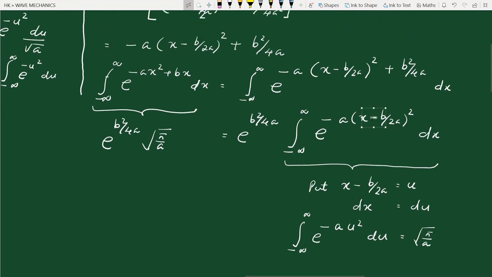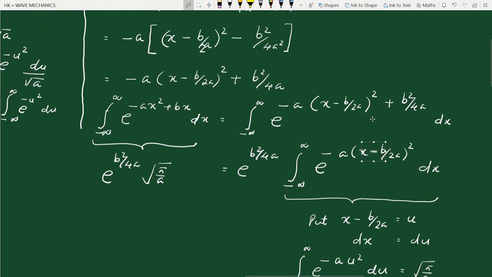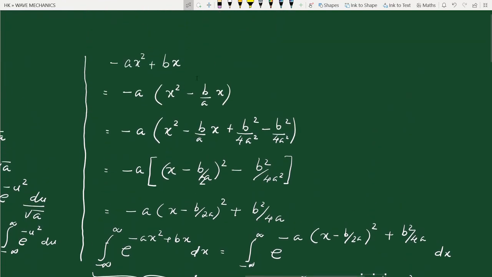Now it is plus here, that's why when you take a minus a outside, we get x minus b by 2a whole square. Suppose it is minus here, when you take minus a outside there will be plus here. Then following the same argument, you will end up with e raised to minus a into (x plus b by 2a) whole square, which is also root pi by a.